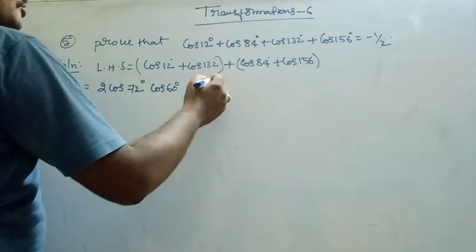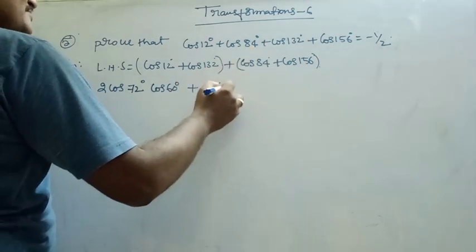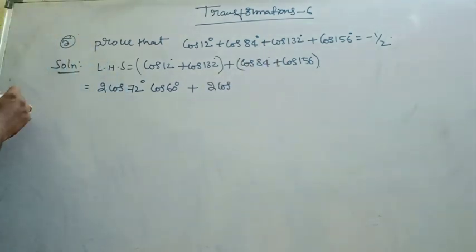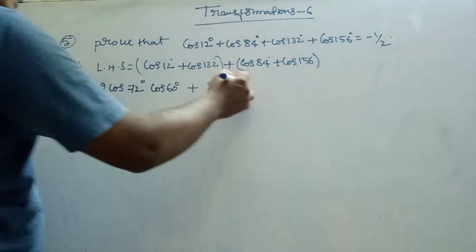Plus, this is also cos C plus cos D, 2 cos (C plus D) by 2. That is 84 plus 156 by 2. 156 and 84 is 240, and 240 by 2 means 120 degrees.